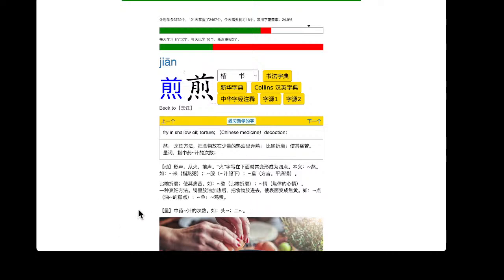Now it's also a measure word for Chinese medicine. Okay, it says here decoction. So you can drink, right? You boil once, that's the first 一煎. You boil twice, that's the 二煎.